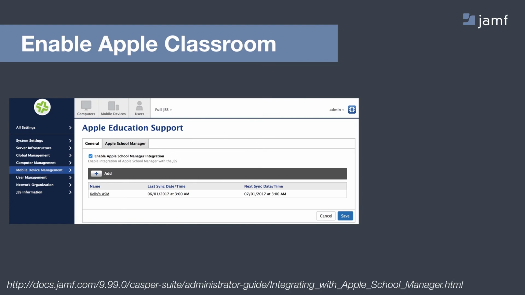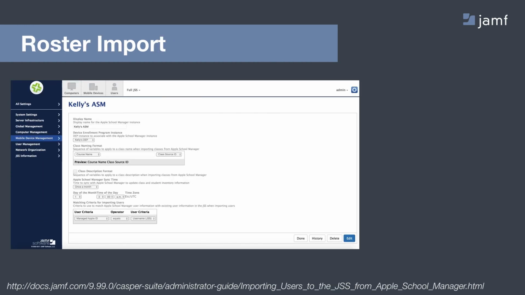Under the Apple School Manager tab, under Apple Education Support, we need to check this box to enable Apple School Manager integration. And what that does is it's going to say, yes, we actually want to pull in the roster information from Apple School Manager. So you're setting up an Apple School Manager instance, and it would look like this on the inside.